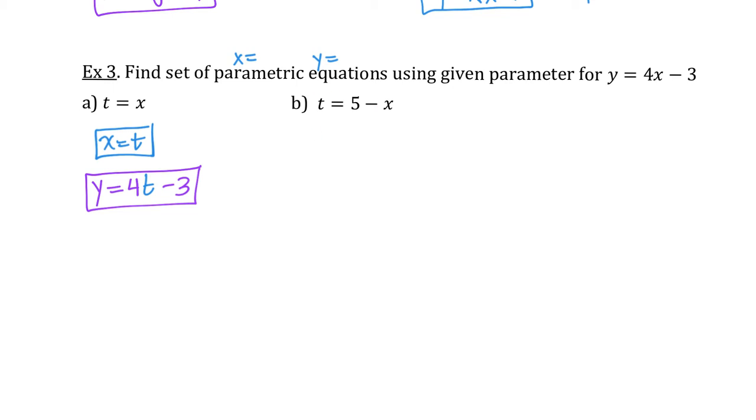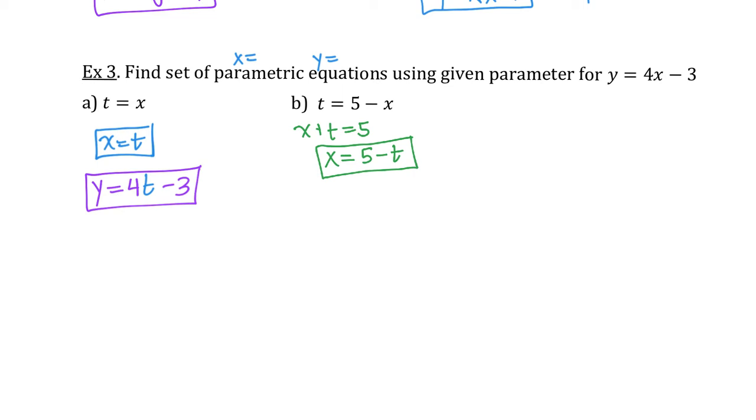Okay, I'm going to rearrange the equation and solve for x first. So let me see. If I solve for x, I'm going to add the x to the left side. So I get x plus t equals 5. So x equals 5 minus t. Okay, and that's going to be my first parametric equation. Now I've written x in terms of t.